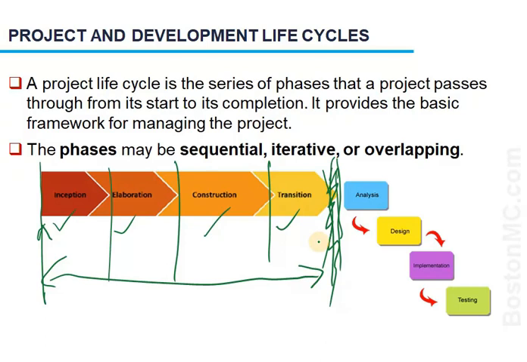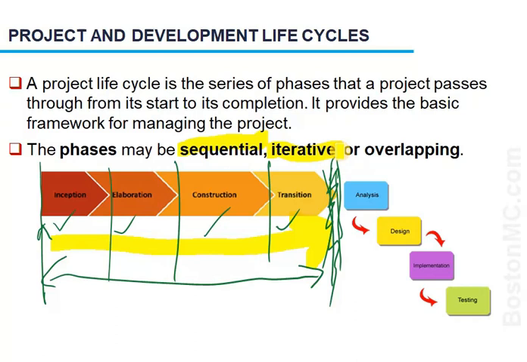So phases are pieces of the project, and once you've completed all the phases, then the project life cycle would have completed. The phases themselves can be sequential, as in back-to-back, like this example here that you see. These are all back-to-back phases. They can also be iterative in the sense that they repeat different phases. So you do one iteration or one round, then you go and do another round, then a third round.